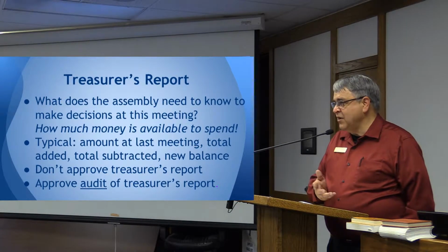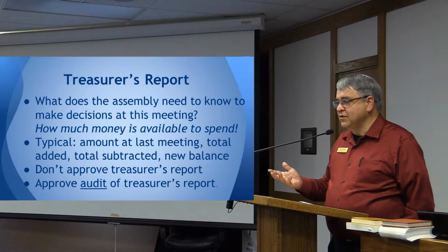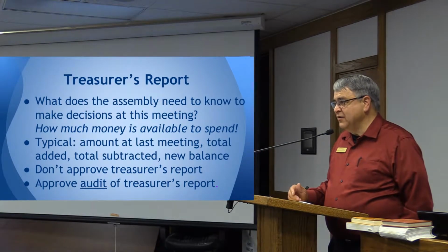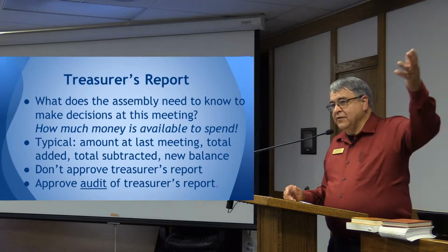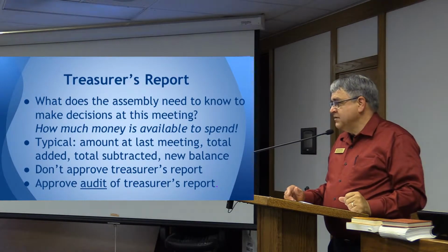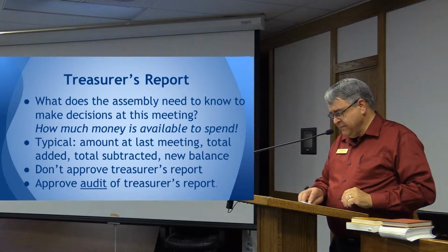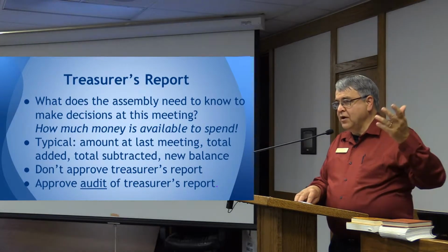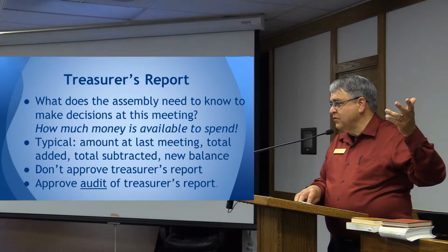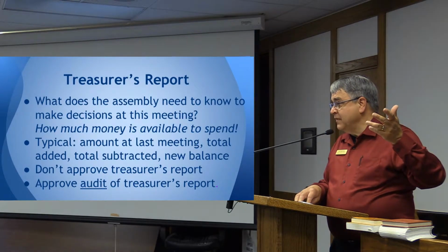Now this is not to be audited, it's simply informational to make financial decisions at this meeting. Do we have the money to make a $2,000 scholarship contribution to whatever? And so that is a typical kind of treasurer's report for a small, simple organization like a PTA.